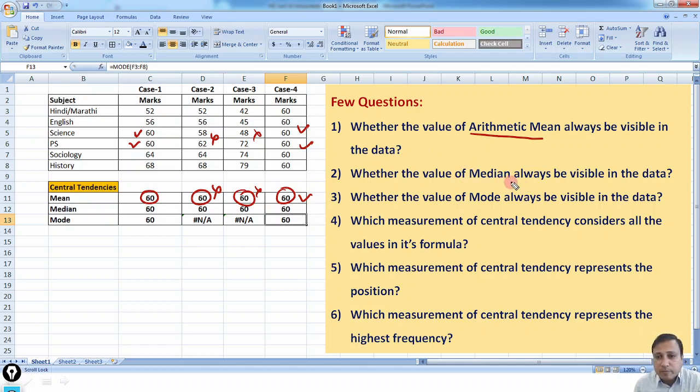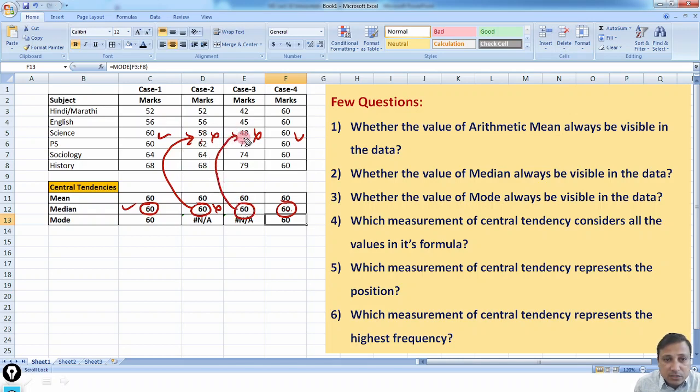Whether the value of median will always be visible in the data? For the median, this 60 is here. This 60 is not here. This 60, again, is not here. This 60 is here. Though I am saying that this 60 is not here, the way I have computed it, this 60 is somewhere between these two values, and this 60 is somewhere between these two values.